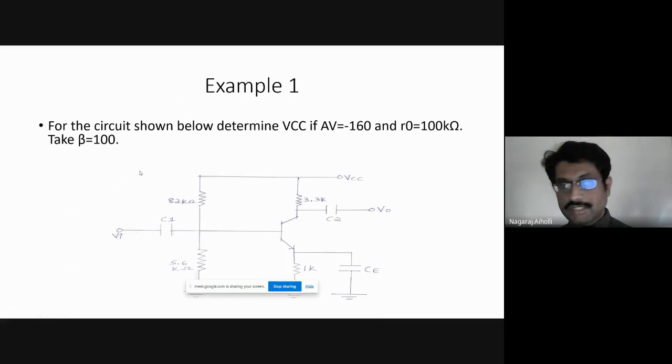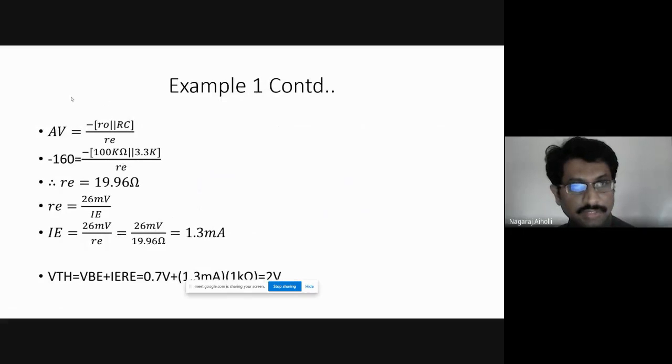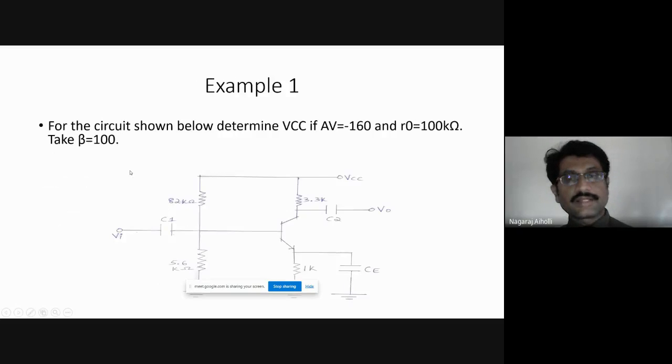The emitter resistance. The formula is AV is equal to minus of R0 parallel RC divided by re. AV is given as minus 160, R0 is 100 kilo ohm, RC is 3.3K, divided by re. Find the value of re. Calculate that.